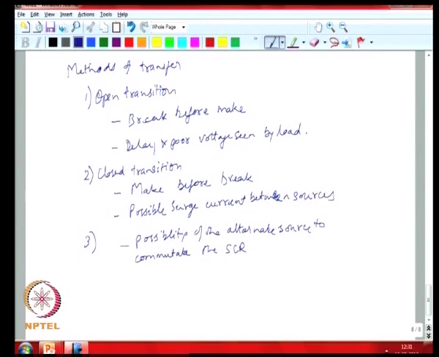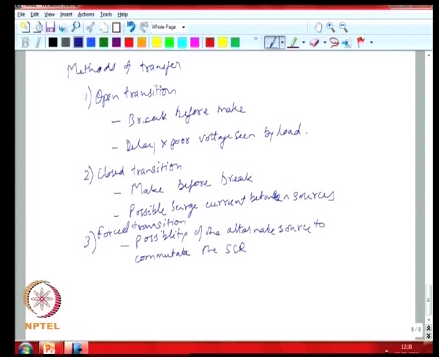So, if you look at a typical situation, you might use a combination of these methods.